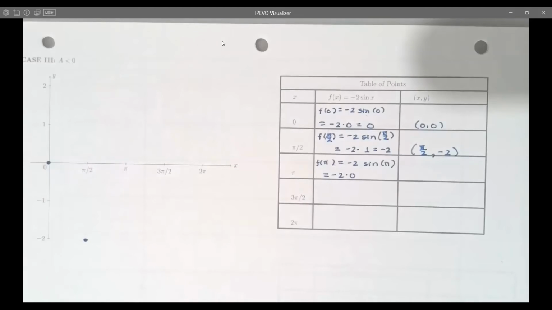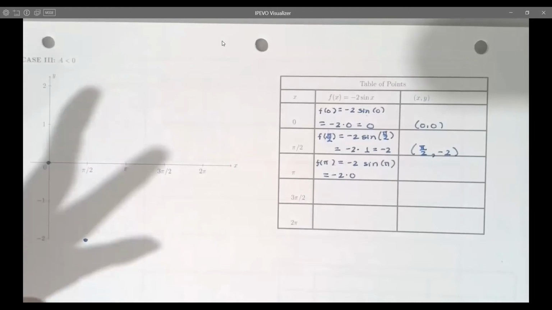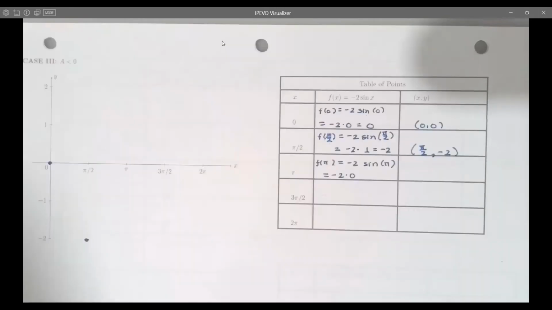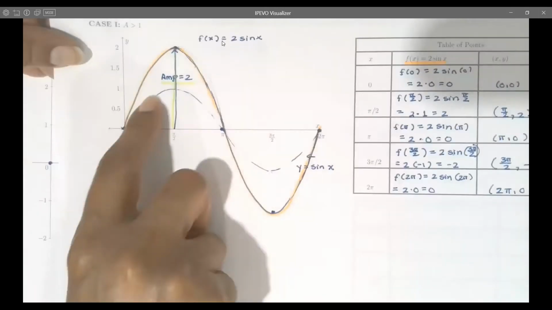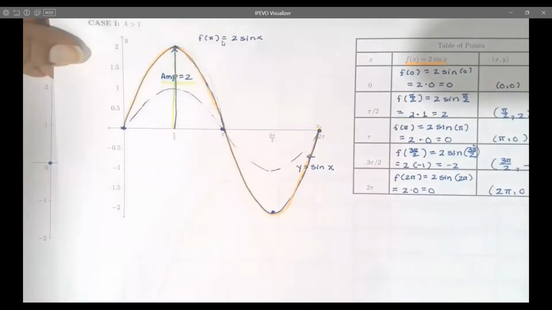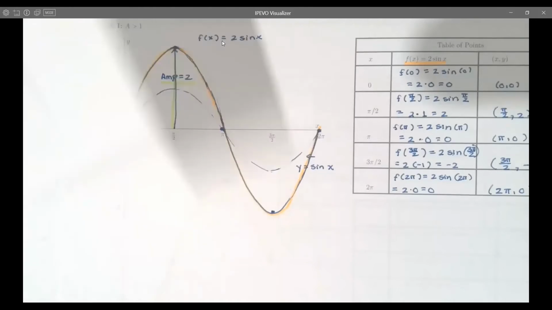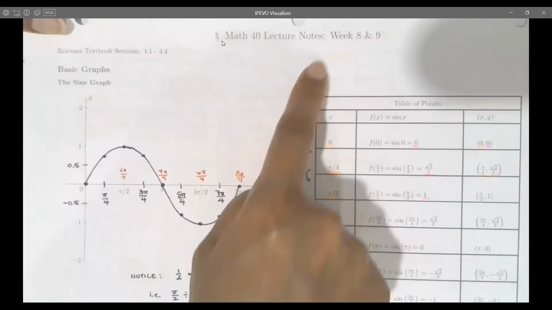I'm glad you guys are thinking about the way that this all ties in. There are basically 3 ways that we can find what these sines are. The first one, the one I used, was looking at the original sine graph, which is on the very first page of lecture notes, weeks 8 and 9.